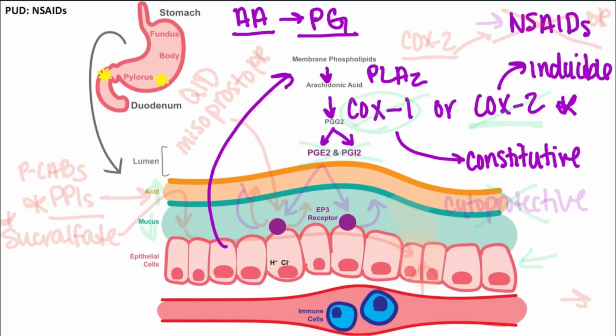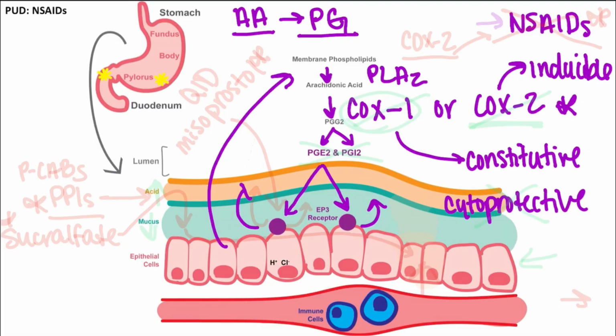And these 2 prostaglandins in the GI tract can act upon the prostaglandin E receptor 3 or EP3 receptors, as well as EP4 receptors, triggering a slew of cytoprotective effects, like a reduction in gastric acid secretion in the stomach and increased mucus and bicarb secretion in both the stomach and the duodenum.